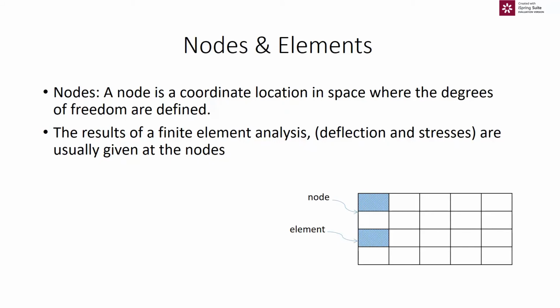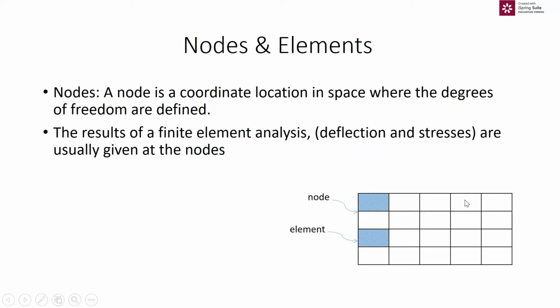So we can just understand the basics of nodes and elements that we are going to frequently use in this model. A node is a coordinate location in a space where the degrees of freedom are defined. The results of finite element analysis are usually given at the nodes.